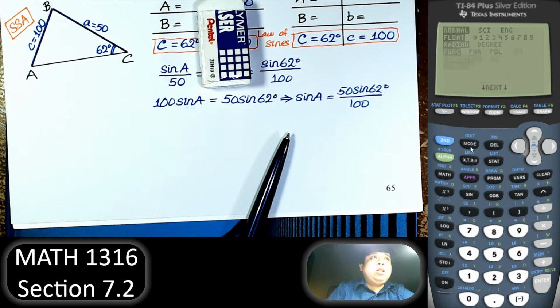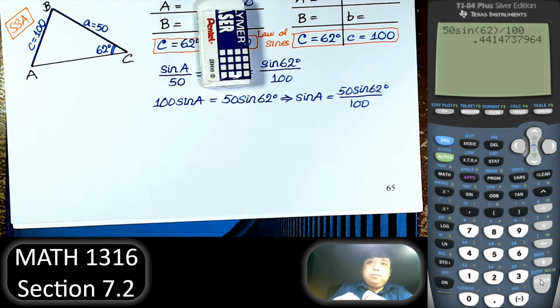Once again, make sure the calculator is in degree mode before we do any calculation. So 50 sine of 62 divided by 100. We have that.